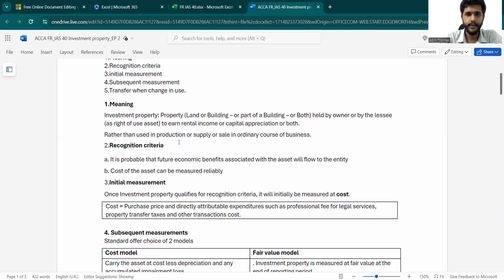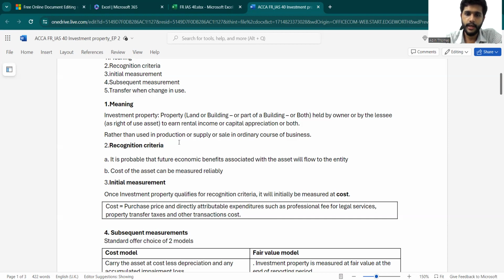Okay. I believe you all got an understanding of what an investment property is. You should always focus on the management point of view, because while you are preparing for the financial reporting paper, you should have the mentality that you are an accountant.